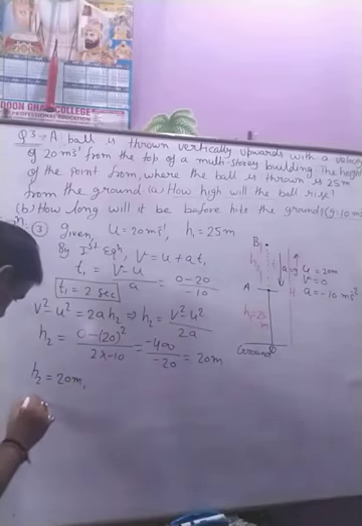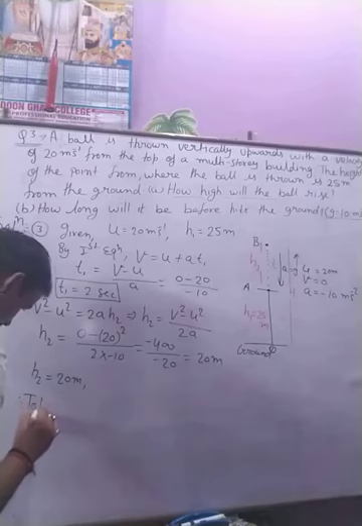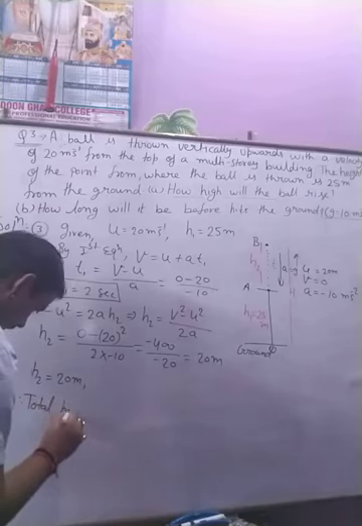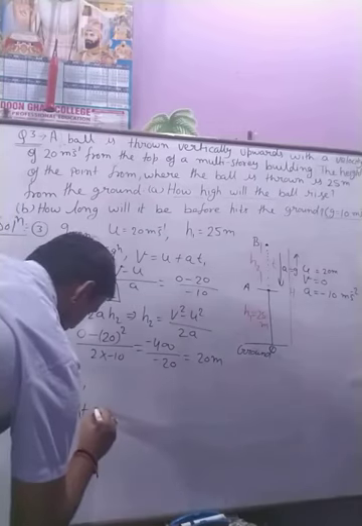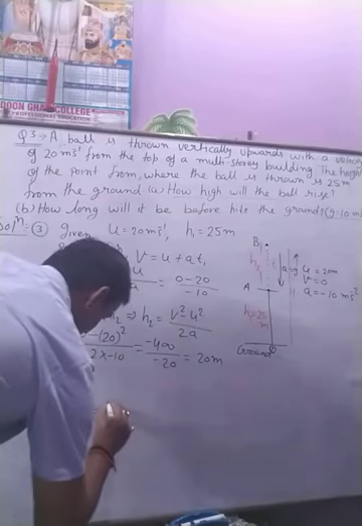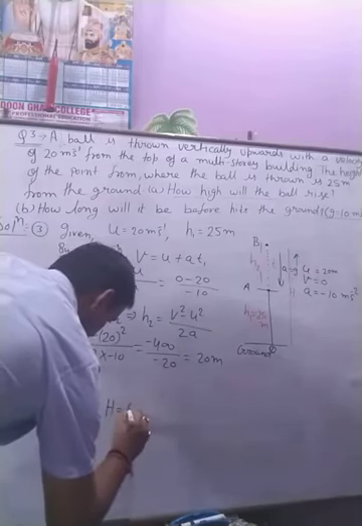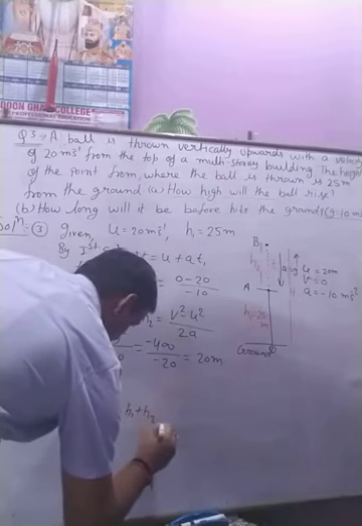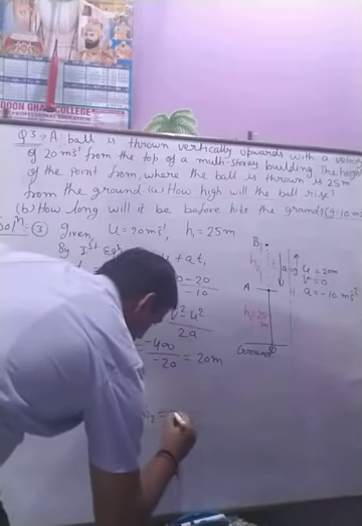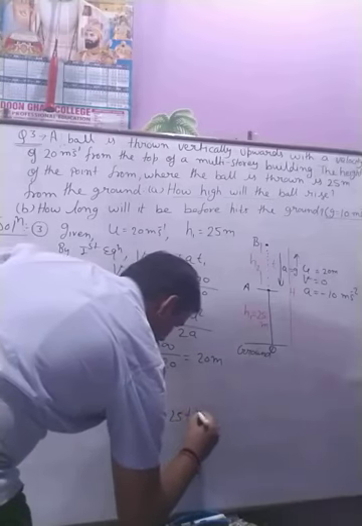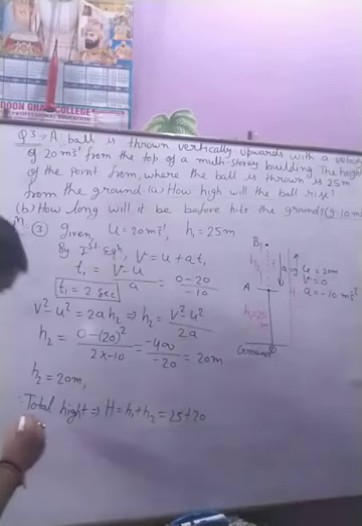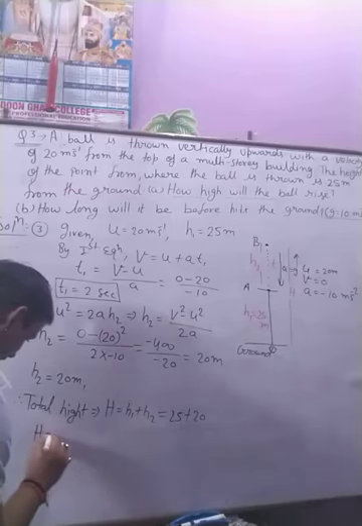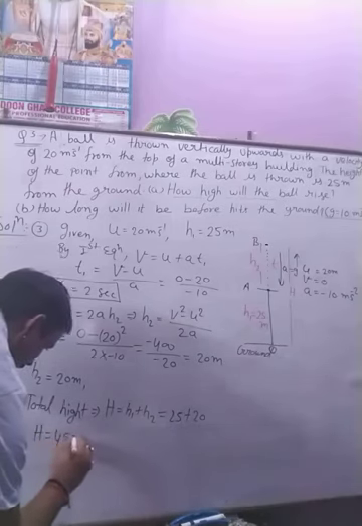Therefore total height capital H is equal to h1 plus h2, which is 25, which is given, and 20 meter rise, so capital H is equal to 45 meter.